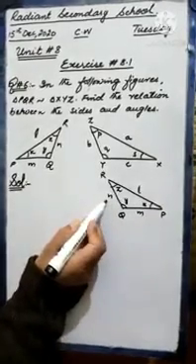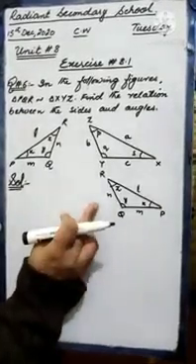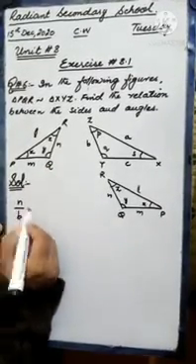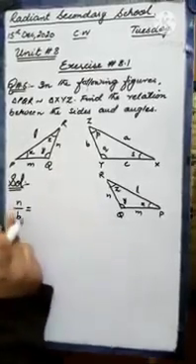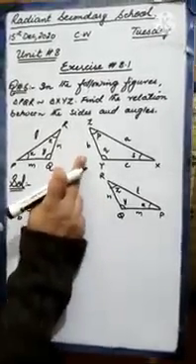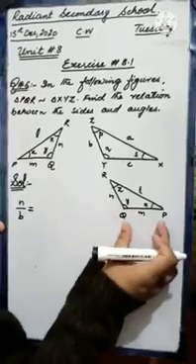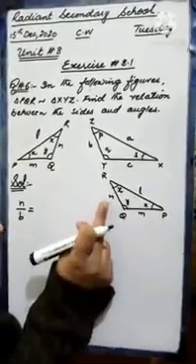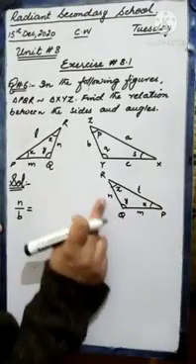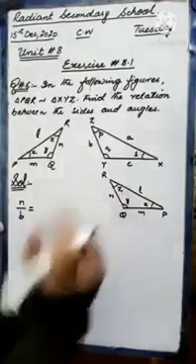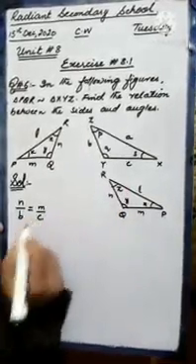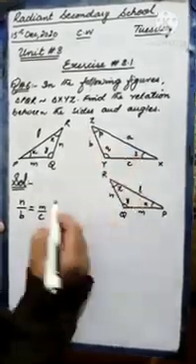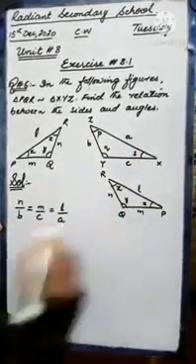Firstly, I am going to take this triangle first, so you have to write all the corresponding sides first. You can write the ratio in fraction form, so N by B equals M by C, and the last one, this side is corresponding to this side, so L by A will be there.